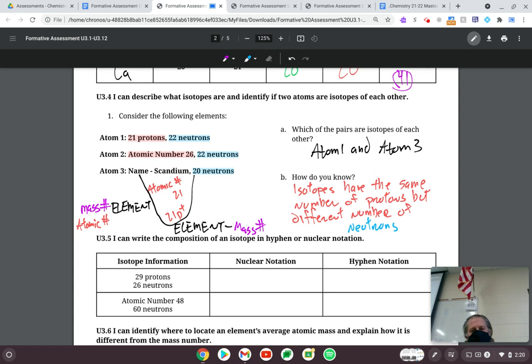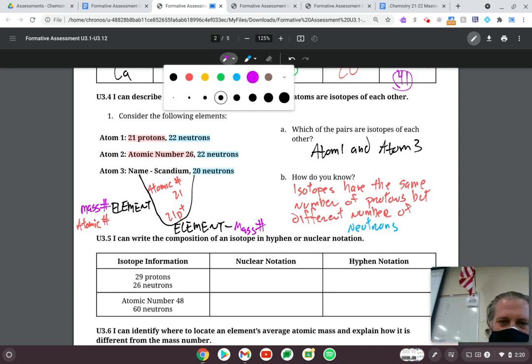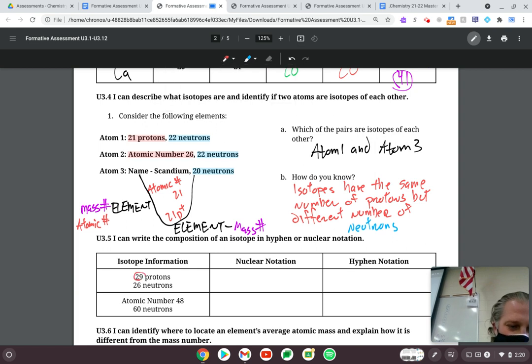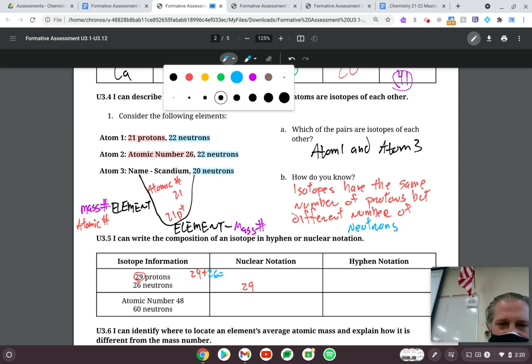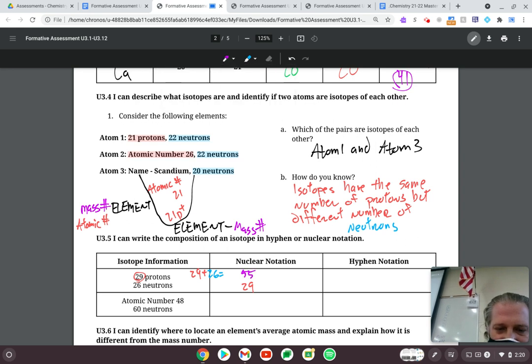So for the nuclear notation for the first one, I'm told the number of protons, which is the atomic number from our information up above, so I'm going to put 29 down here. To get our mass number, we have to remember that we add protons and neutrons, so I'm going to take 29 plus 26, and that's going to give me my mass number, which I believe is 55.